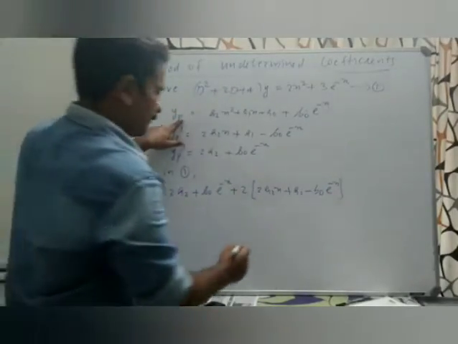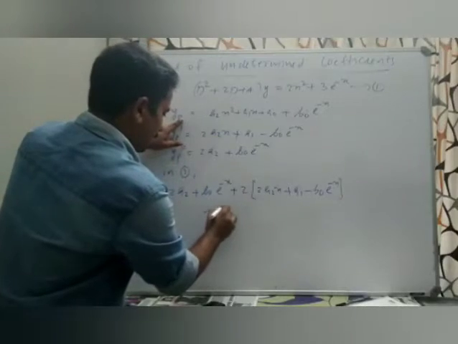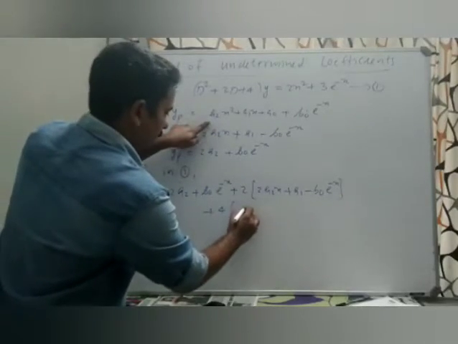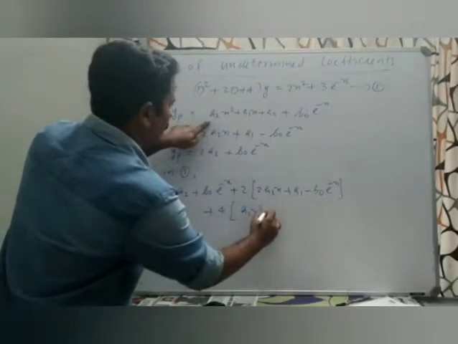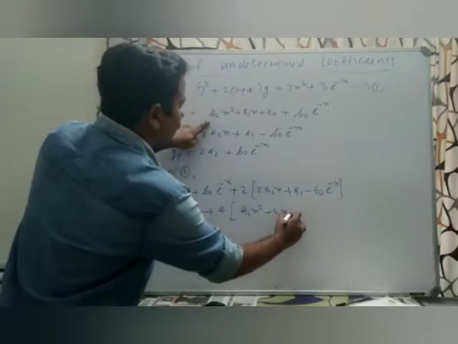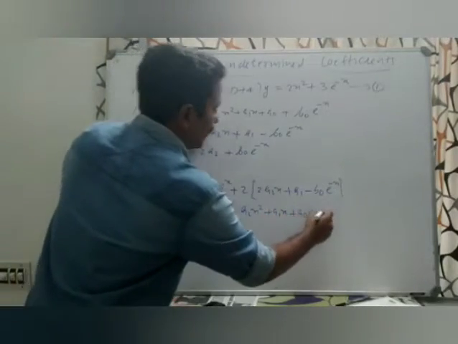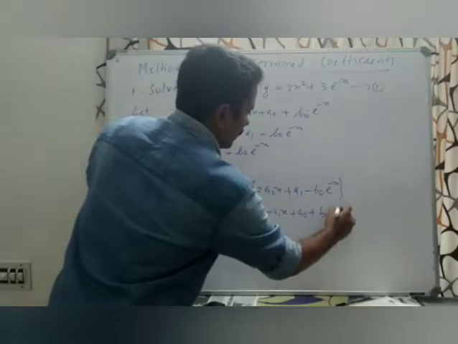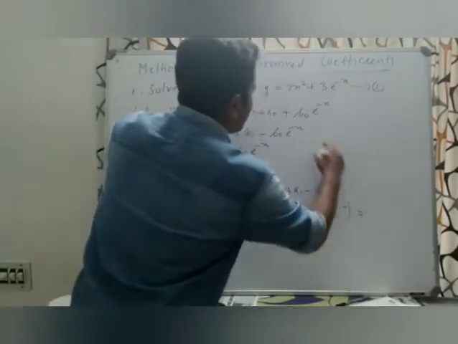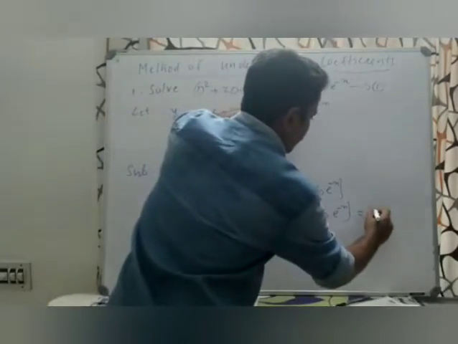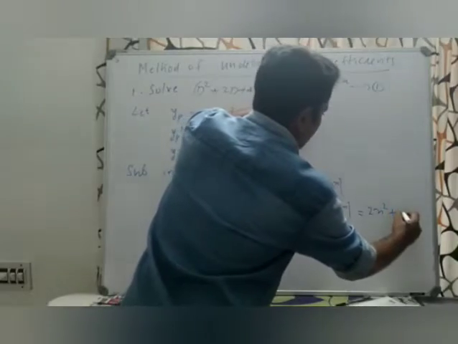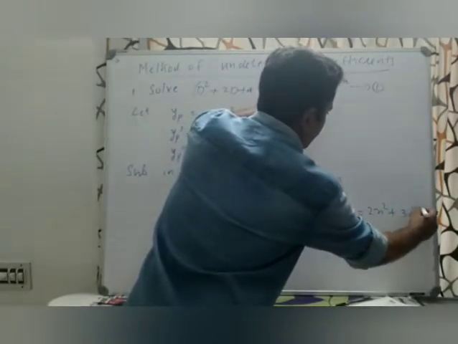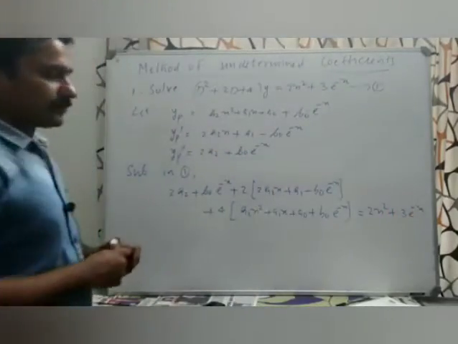Y is this, plus 4 times a2x squared plus a1x plus a naught plus b naught e to the power minus x, and on the right side we have 2x squared plus 3 e to the power negative x.